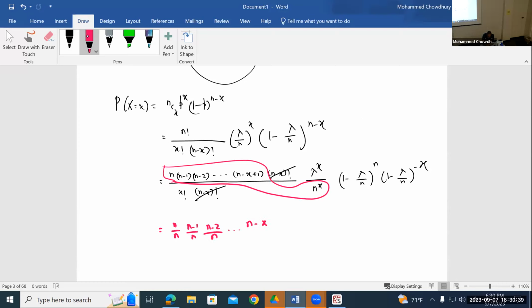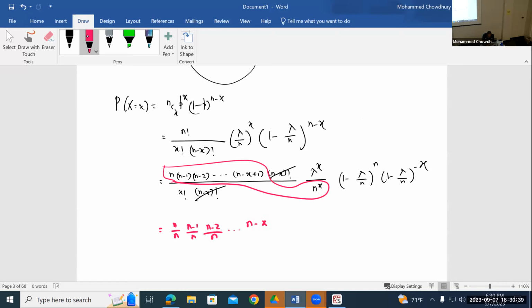That x must be less than 1, otherwise log cannot handle negative values. Log cannot handle 1 or 0; it will explode. And this is less than 1 because n is always bigger than lambda.